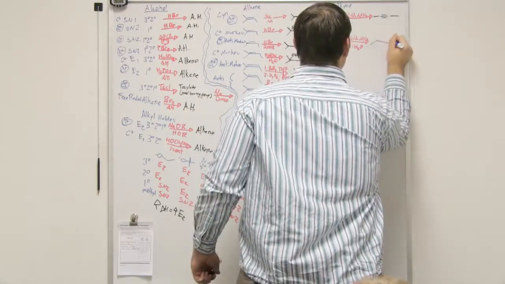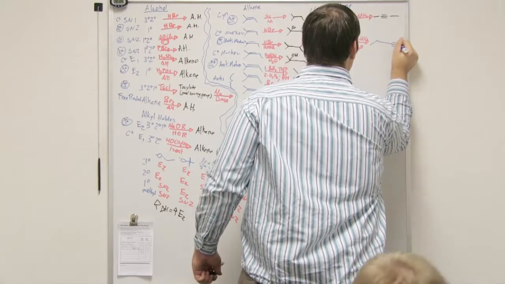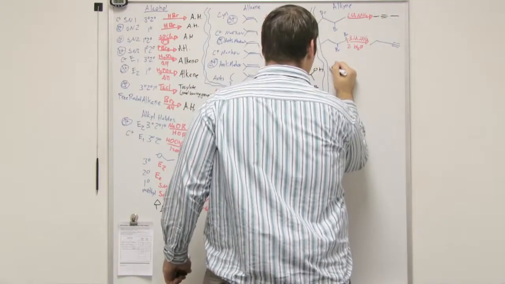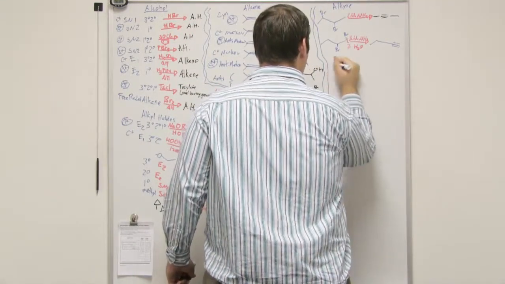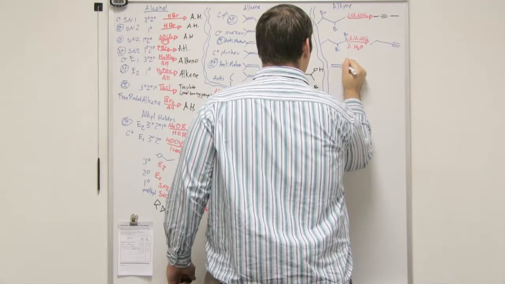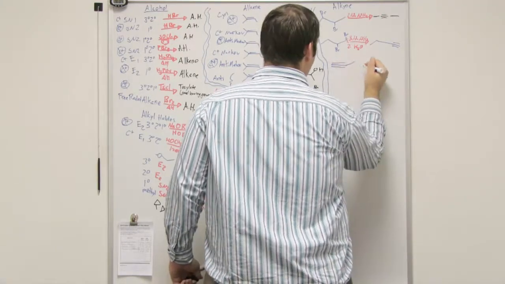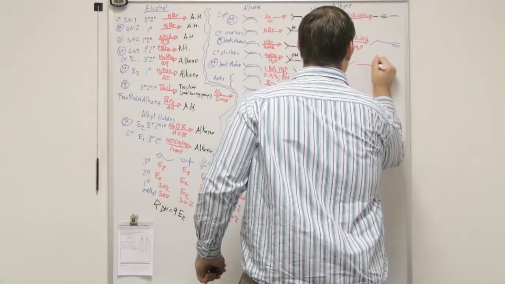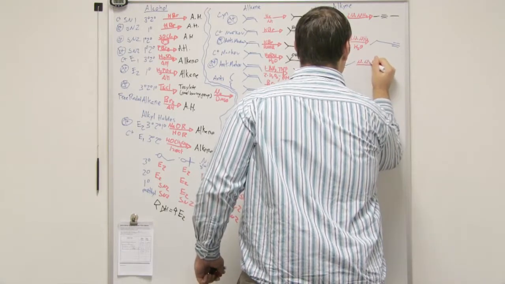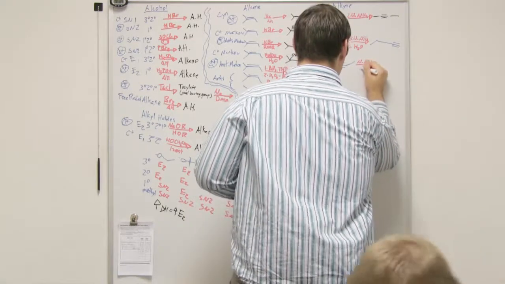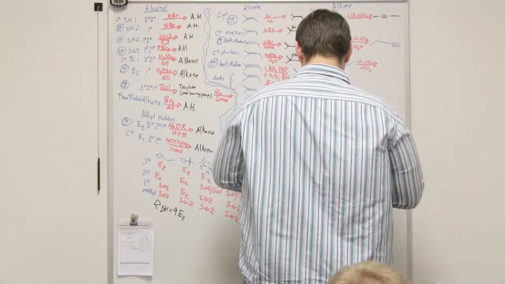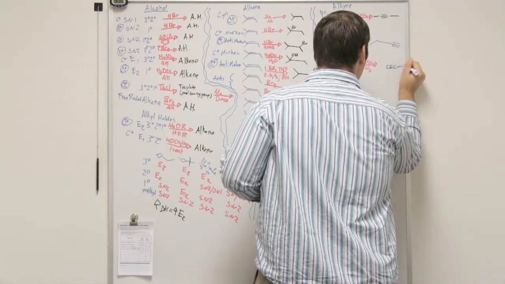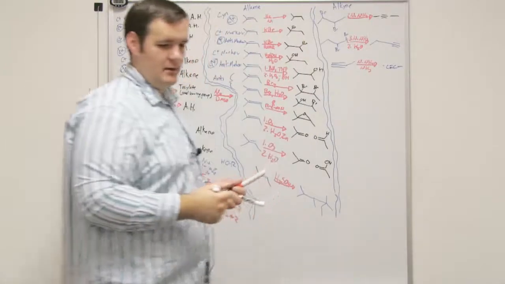And I'll show you why in a second, but you get your triple bond. Because if you have a triple bond and it's monosubstituted, and you add NaNH2 in your solvent NH3, you'll get a negative charged carbon at the end.